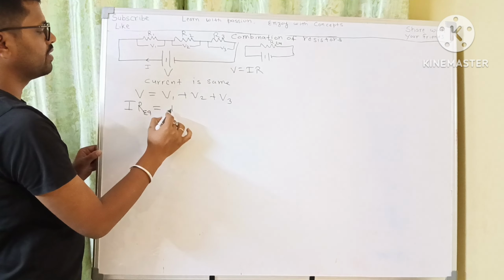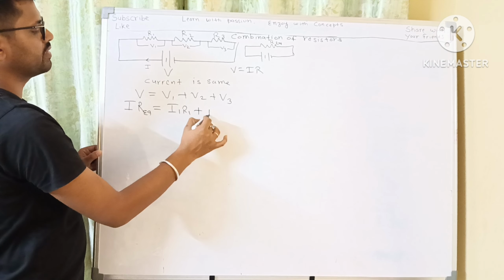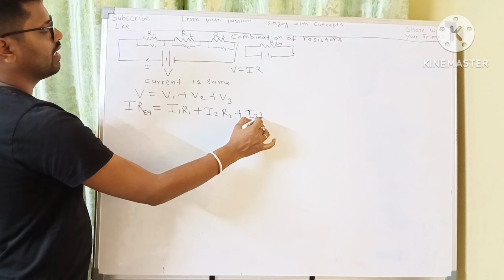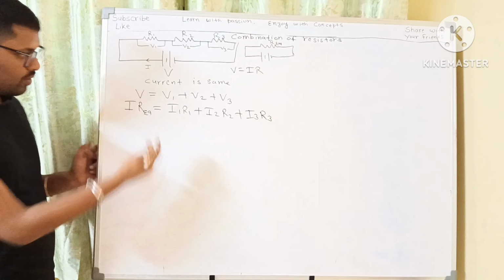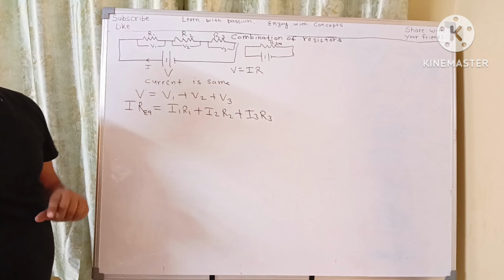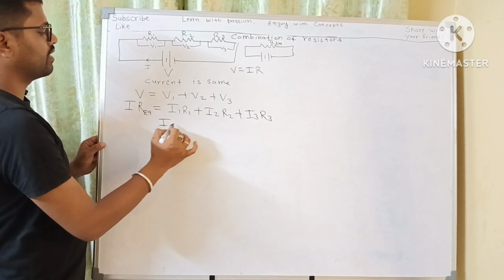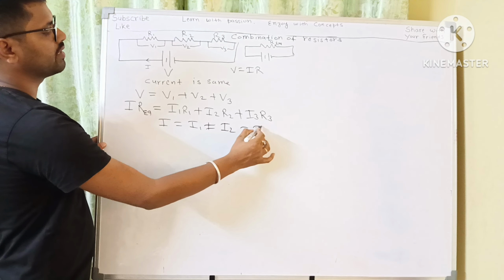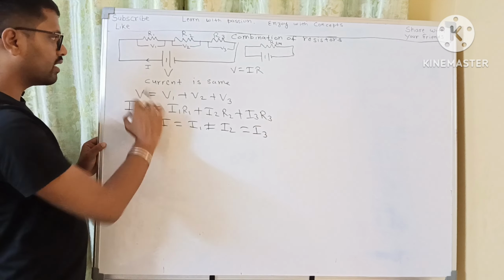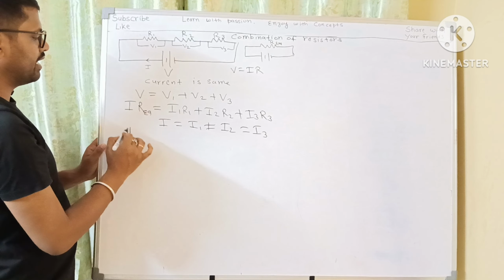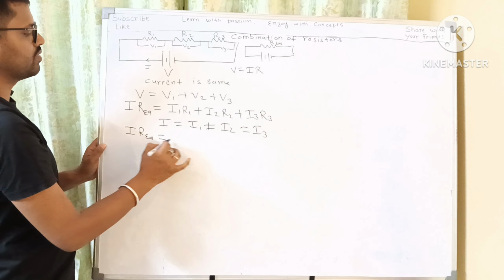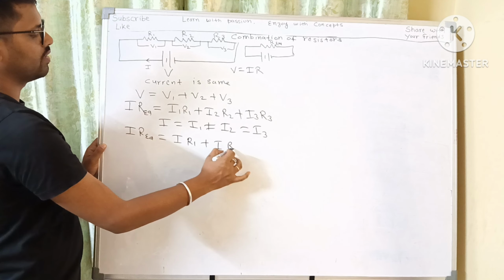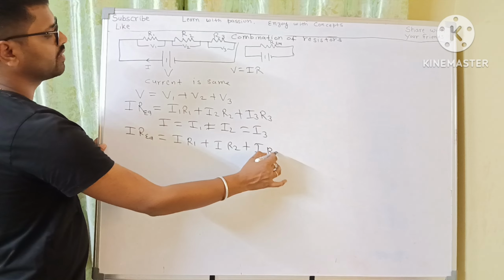V1 equals to I1 R1, V2 is I2 R2 and V3 is I3 R3. Now current is same in series, we know, so we can say that I equals to I1 equals to I2 equals to I3. So all current is same, so we can write I R equivalent is equals to I R1 plus I R2 plus I R3.